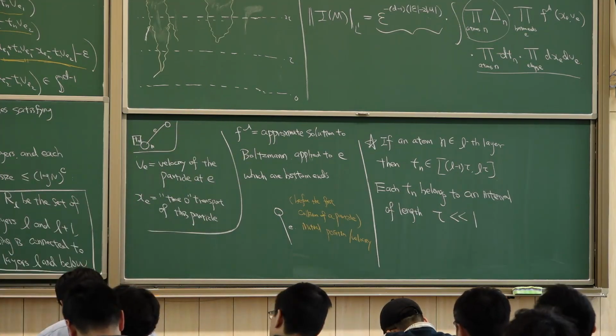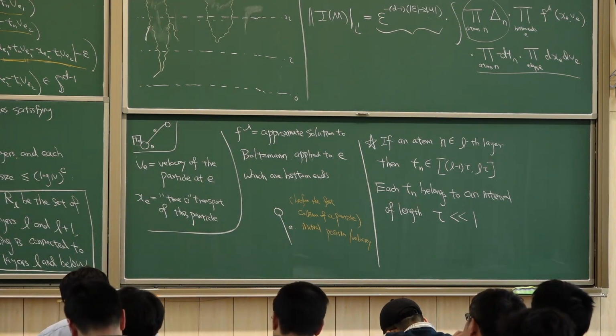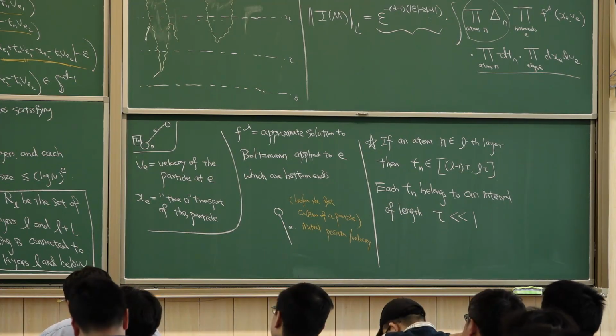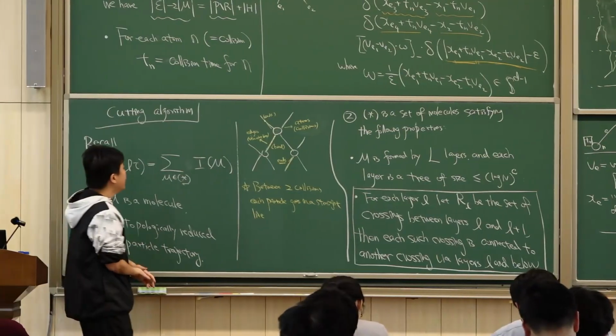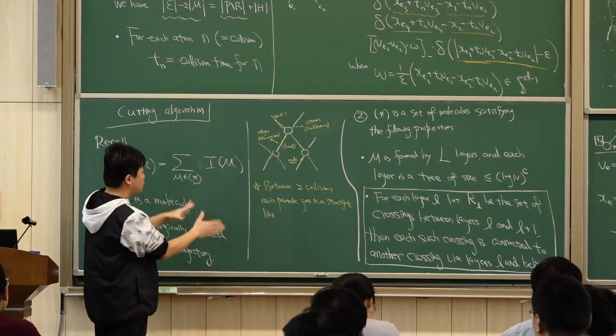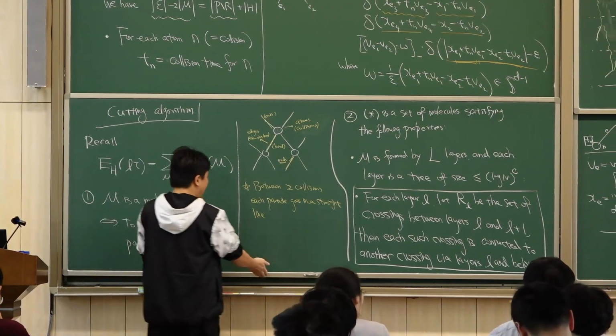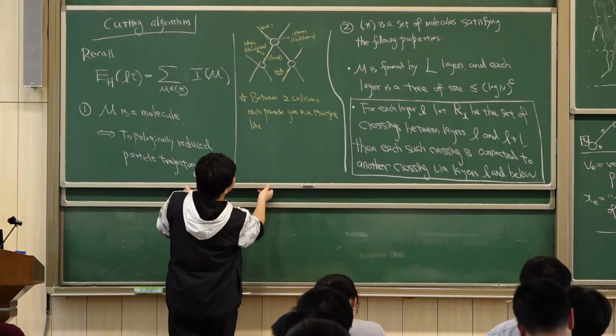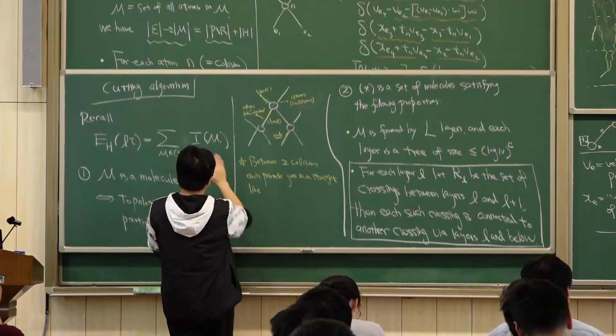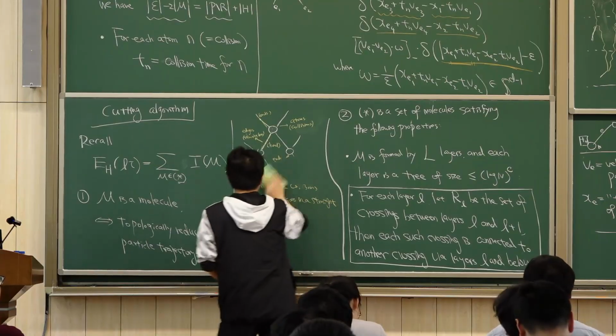Okay, and then to estimate this big sum, we need to estimate two things. The first is the number of terms in this sum, and second is the size of individual terms. And let me write down the two estimates for this. So actually, let me keep this and erase the rest.